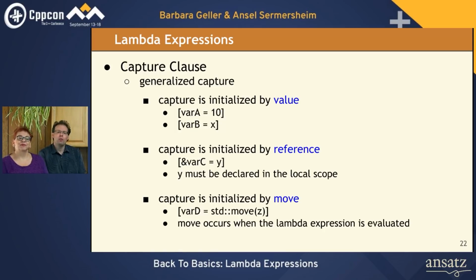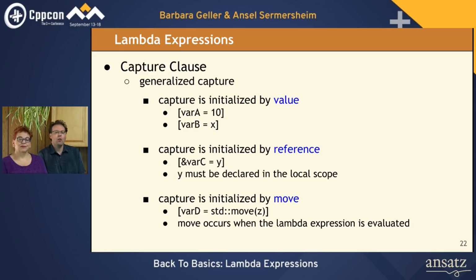This allows using a generalized capture to move a value from the local scope into the closure. Now remember that captures happen when the Lambda expression is evaluated, even if the closure isn't invoked until much later. So this move operation is going to occur where the Lambda expression is defined.